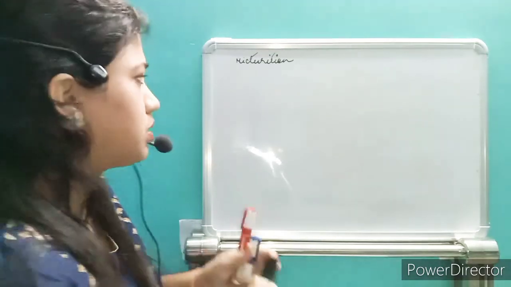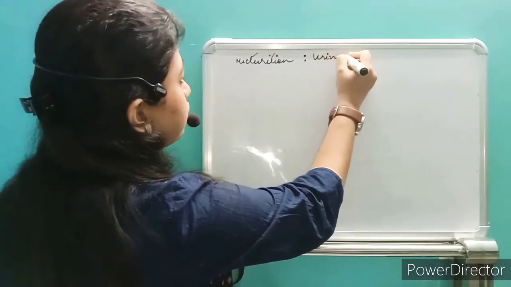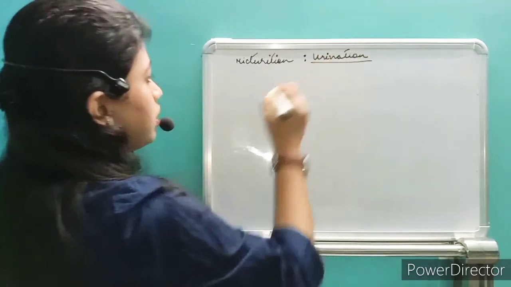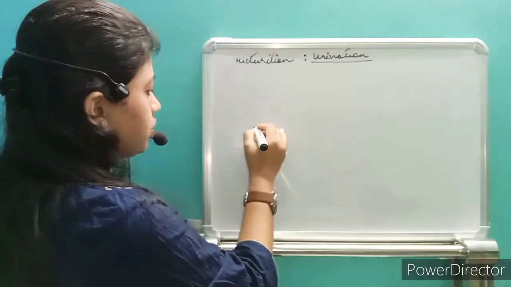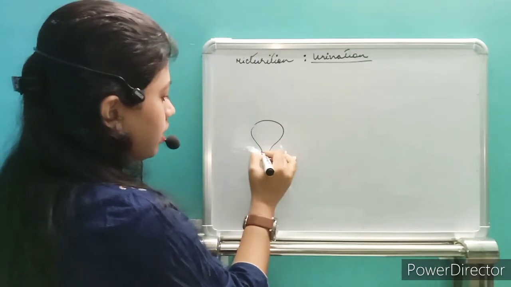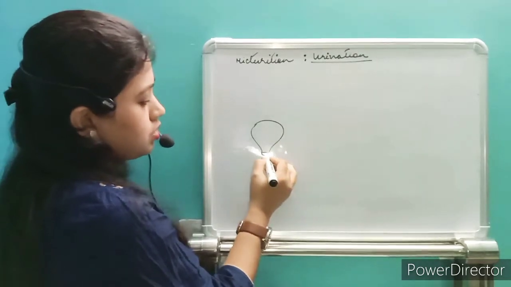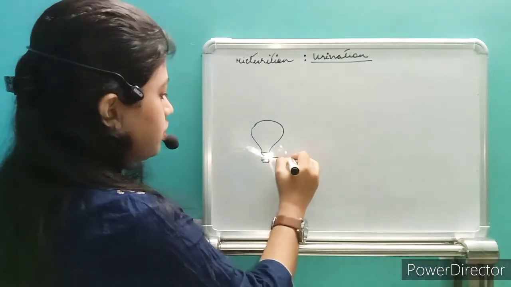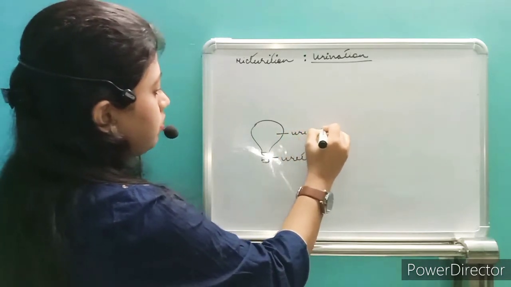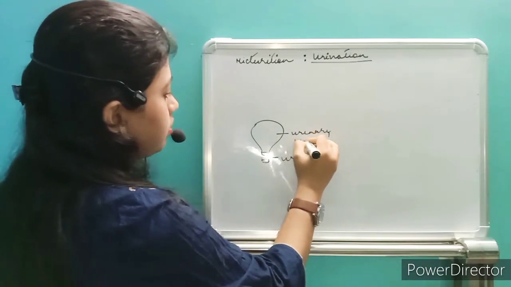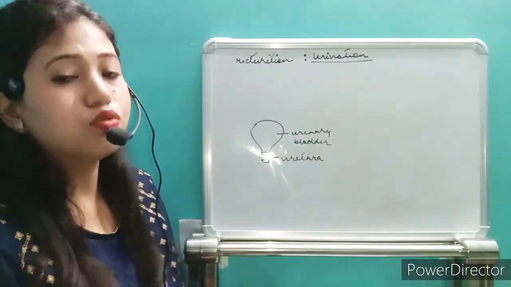So what is micturition? Micturition means the process of urination, that means release of urine from our urinary system. So what is happening? First of all, suppose this is the urinary bladder, and this is the urethra, and this urethra is going to have 2 sphincters.